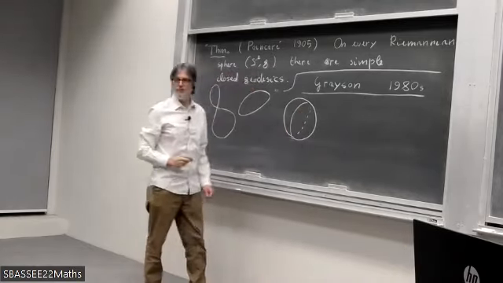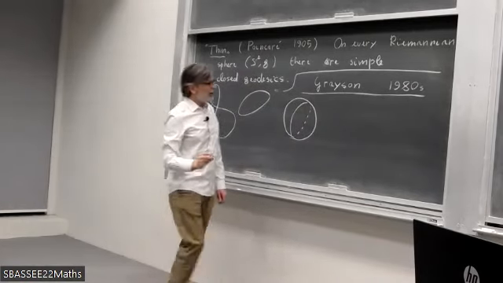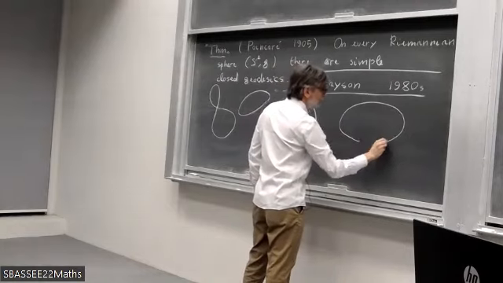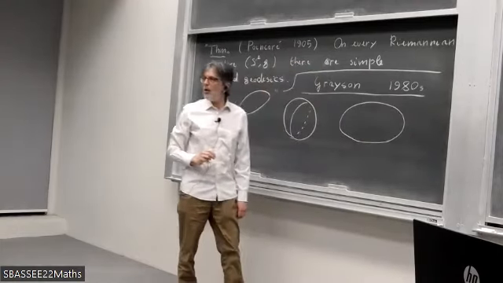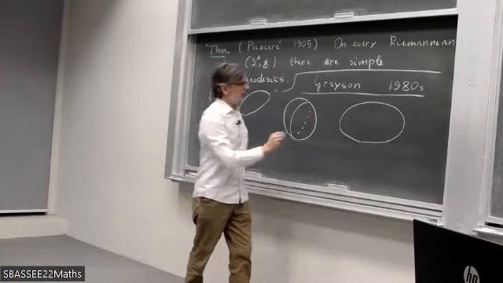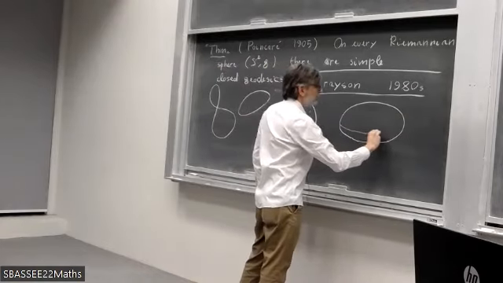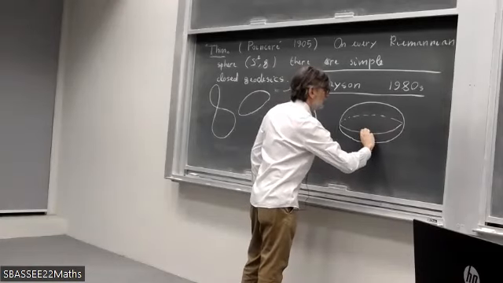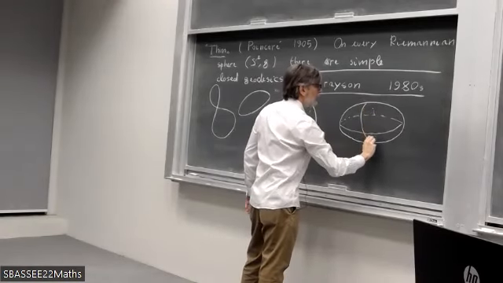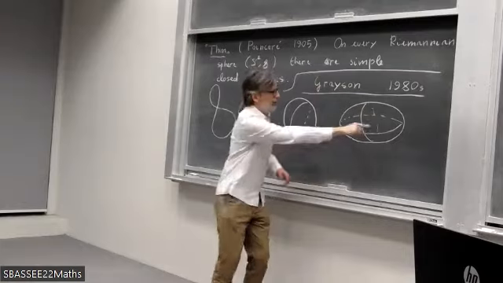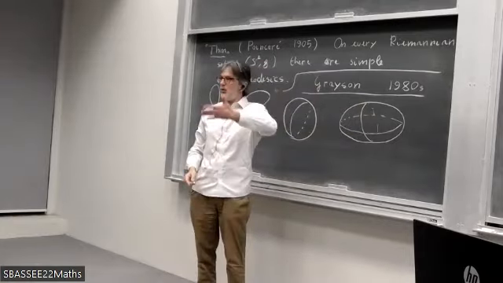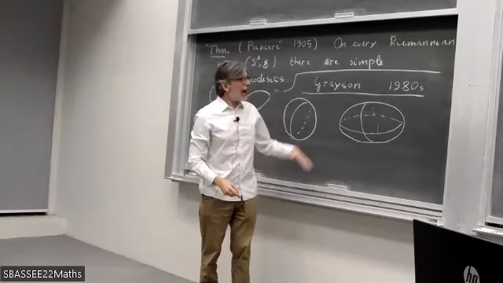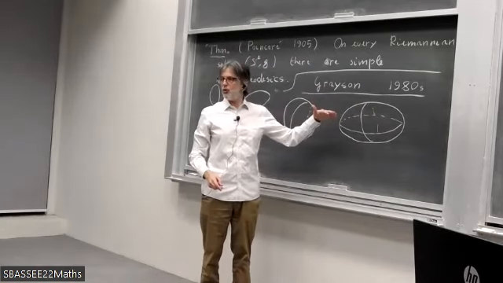Then let's make an ellipsoid. On an ellipsoid, we also have some nice simple closed geodesics, which we see quite explicitly, like the ones obtained by intersecting with the coordinate planes. But actually, there are many more closed geodesics.